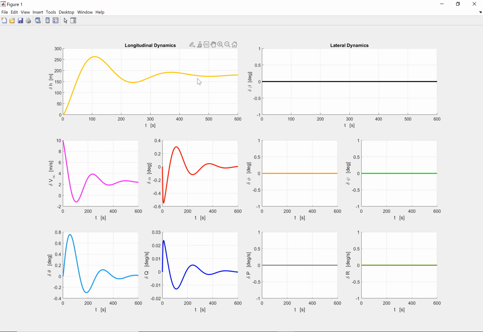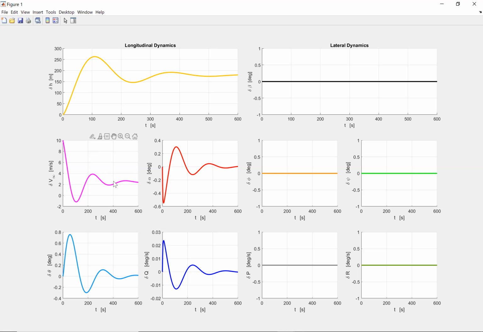So if we wanted to go back to our original altitude, we would have to perform some sort of maneuver. But anyway, this is just an example that shows you that the perturbation in V infinity, in the airspeed, only affects the longitudinal states as we predicted.